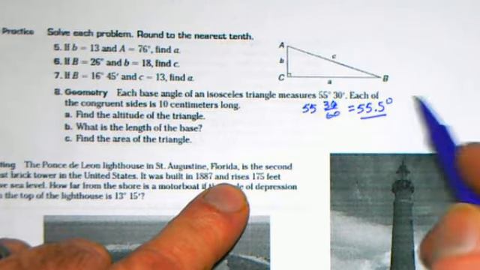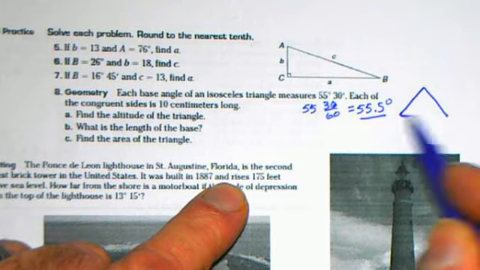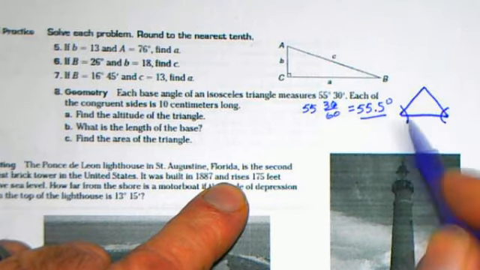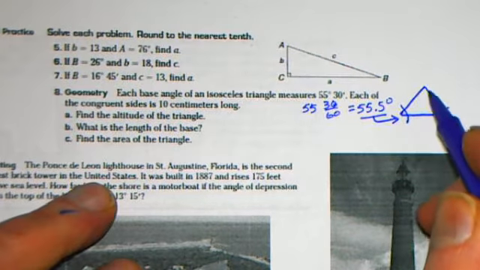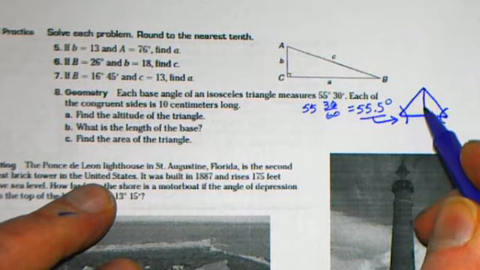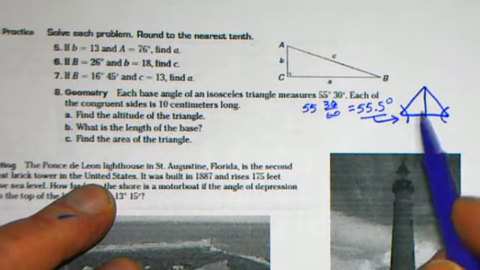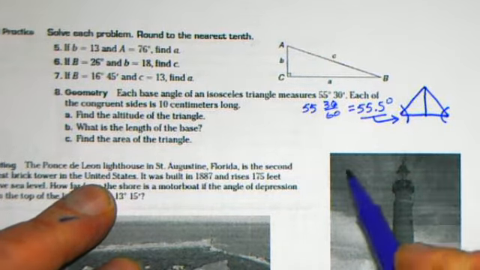So we want to sketch an isosceles triangle. Each one of these angles is 55.5 degrees, and it wants us to find the altitude of the triangle. If we sketch the altitude in here, the altitude's an opposite side.